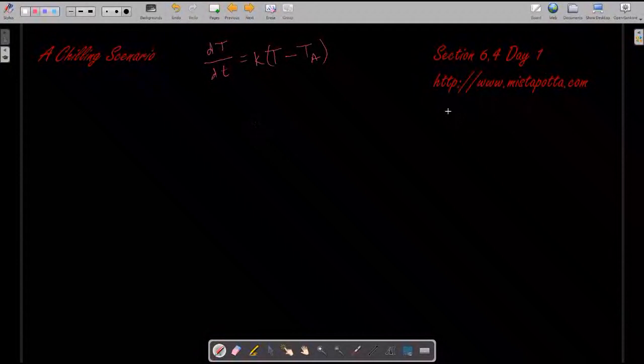So for our purposes, T_A is my ambient temperature. In other words, this is going to be the temperature in my room, or the temperature in the oven, or the temperature in my refrigerator or freezer.